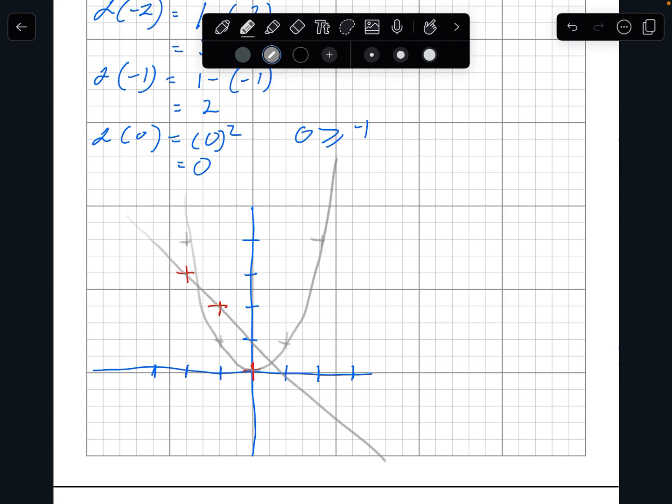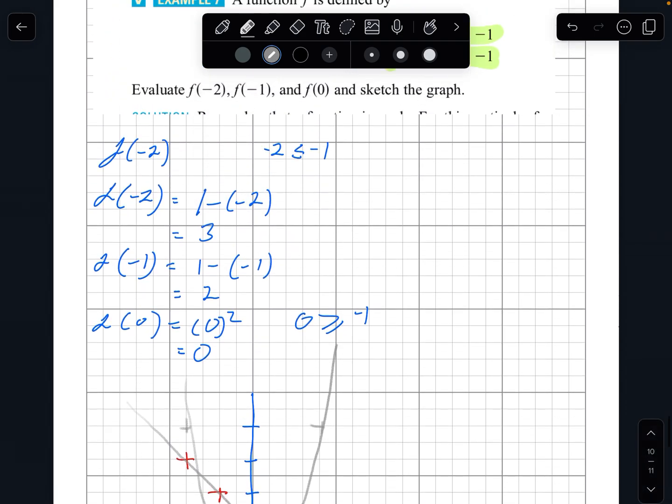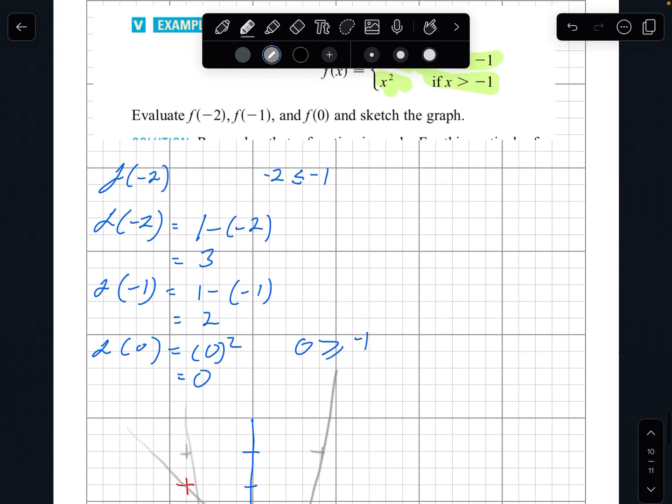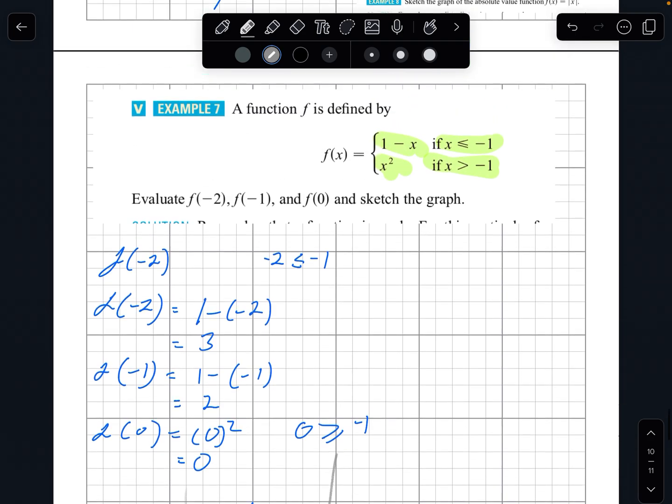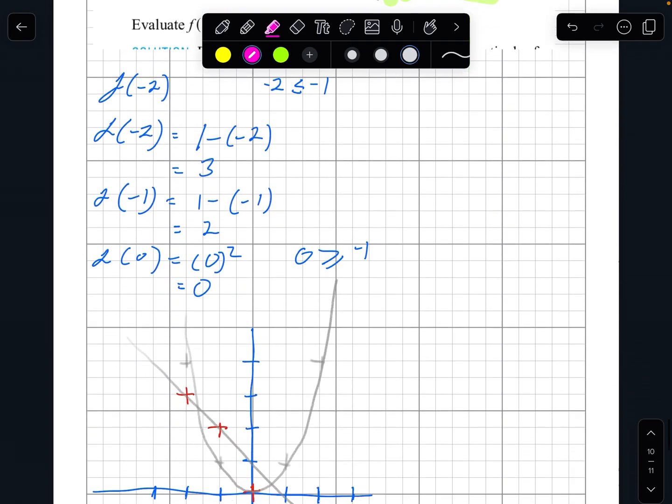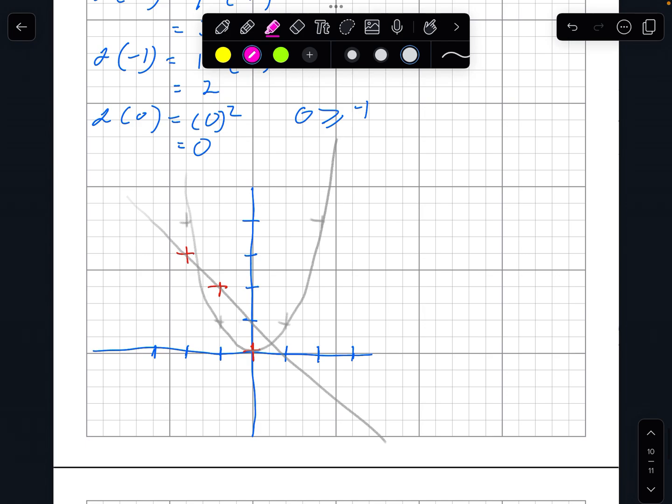Now let's go back and think about where our domain is actually defined. The linear is defined on the -1 and left bit, so our linear is defined on this bit. Our quadratic is defined on this bit. So let's get rid of highlighting.